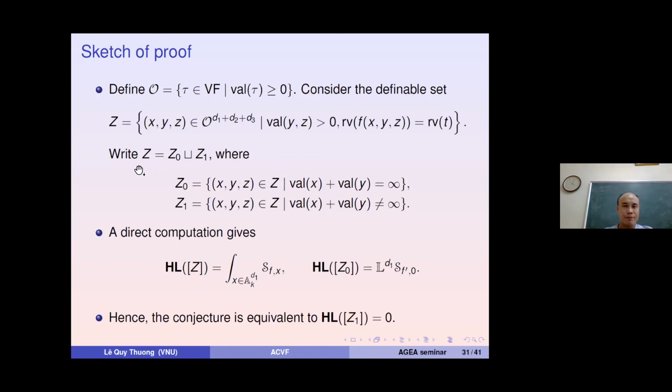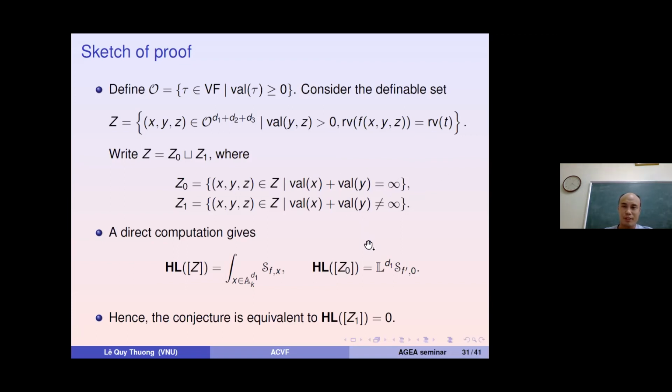If you decompose this as a disjoint union of these two pieces, the zero part and the one part, with respect to the condition, this one is the Milnor fiber, summing over i running from 1 to z1.